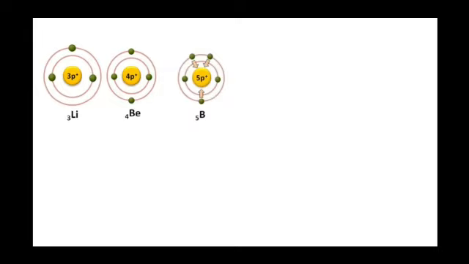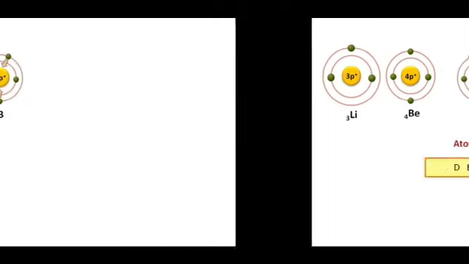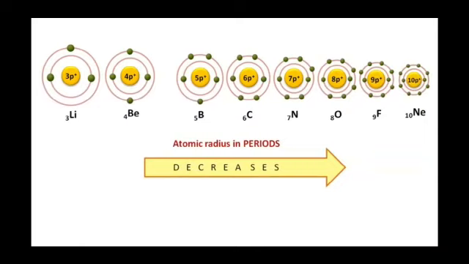When the nuclear charge increases, it will strongly attract the electrons. That's why on moving from left to right, atomic radius decreases. When the atomic radius decreases, it indicates that the valence electrons are moving closer to the nucleus.